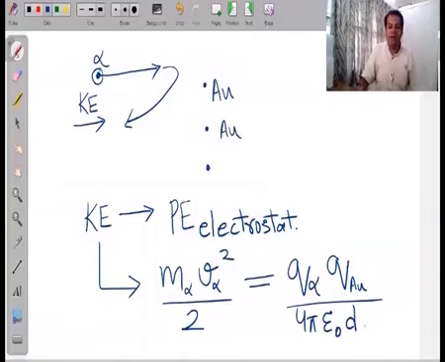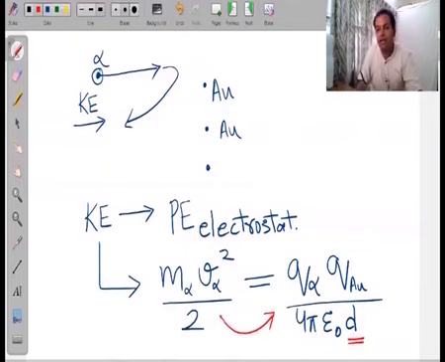And our interest actually lies in this quantity called d. We have to find at what d they become equal, because when they become equal, the entire kinetic energy has become the potential energy. So let's go to the next slide, where we will try to find what d is.